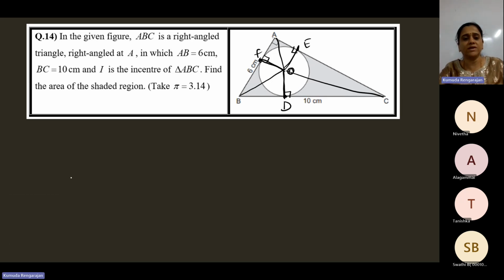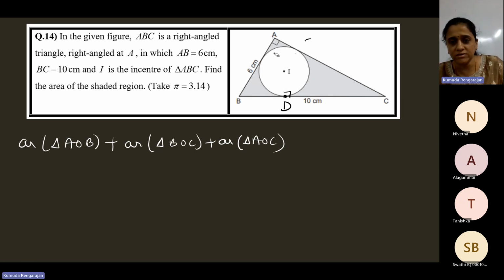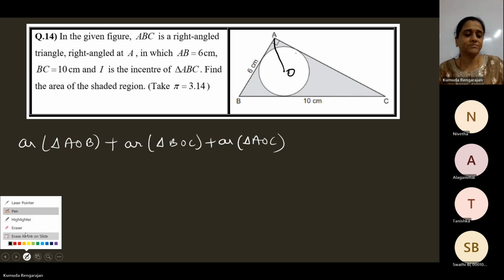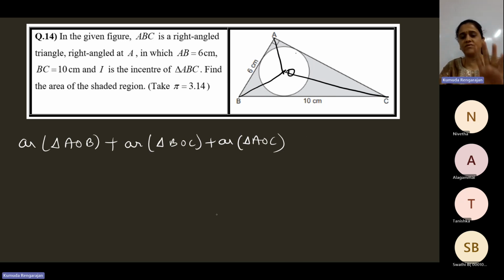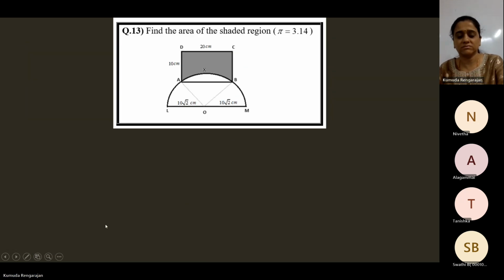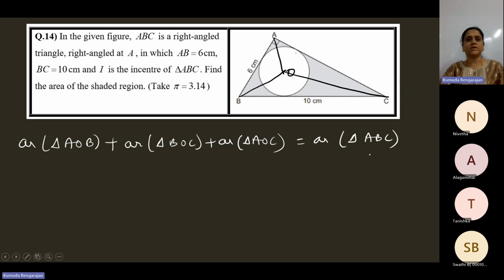We first divide the whole triangle into three smaller triangles by joining O to A, O to B, and O to C. Area of triangle AOB plus area of triangle BOC plus area of triangle AOC is equal to the area of the whole triangle ABC.